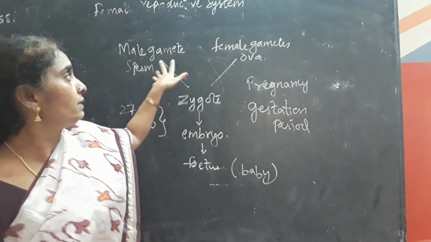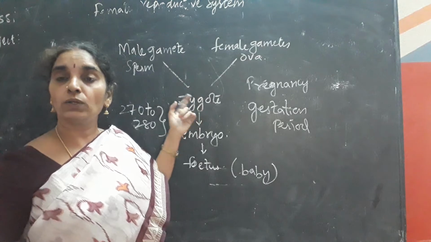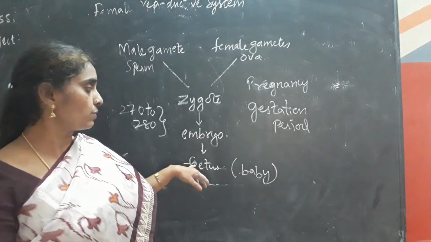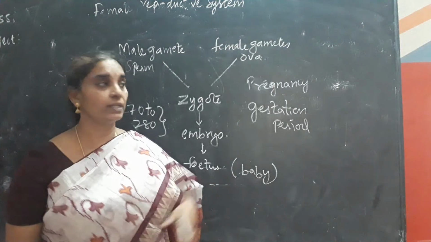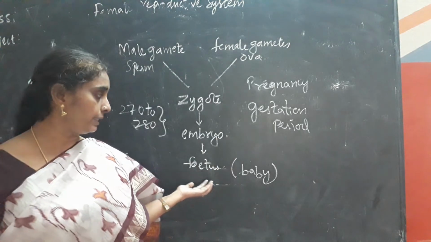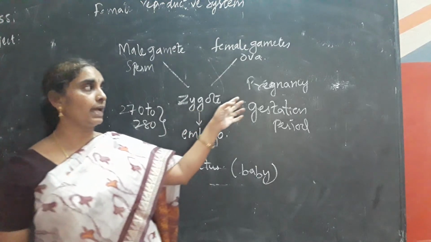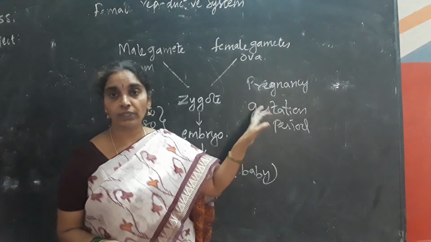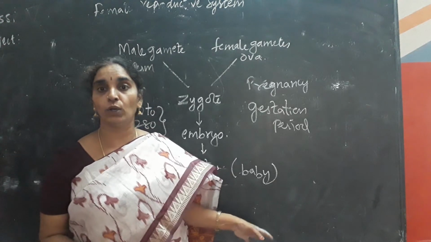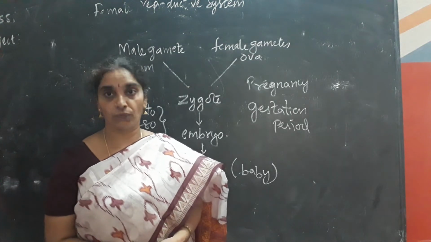When the fusion occurs, it results in the formation of the zygote. The zygote, with repeated divisions, develops into the embryo. After further development inside the uterus, the embryo gives rise to the baby, that is the fetus. It develops into the fetus within 270 days, which is called the pregnancy period, also called the gestation period. The newborn baby is born with some characteristics similar to the parents.